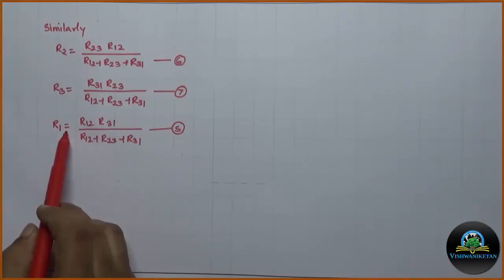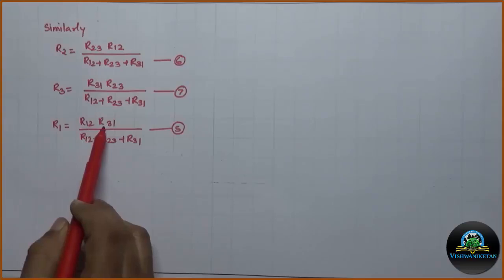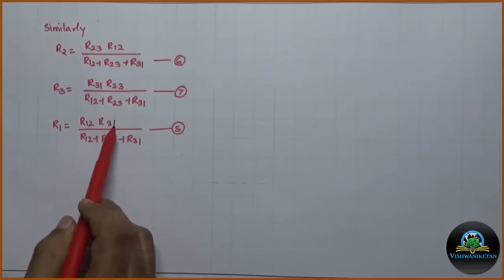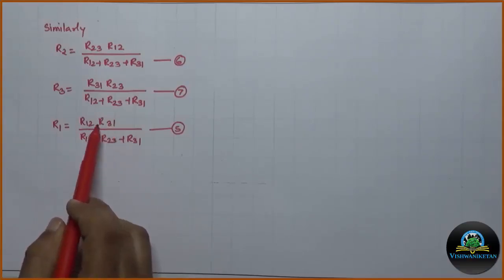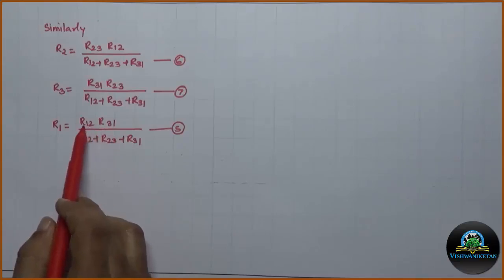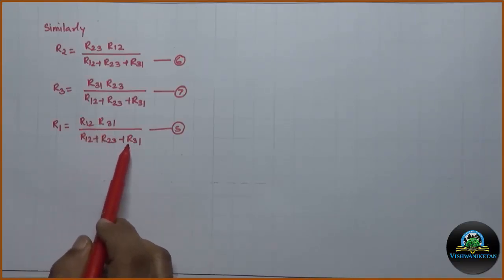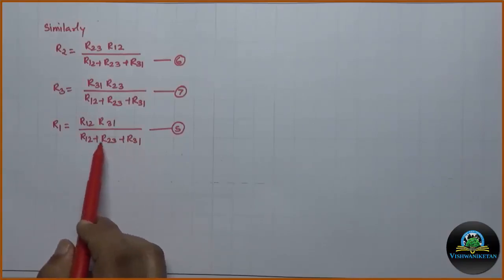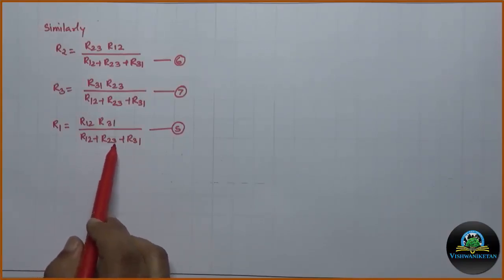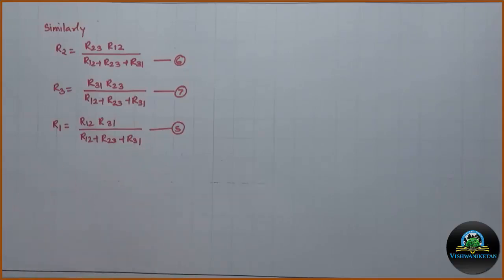For terminal 1, R12 and R31 are resistances connected in delta. So product of those two resistances divided by addition of all three resistances in delta. That is R12 plus R23 plus R31.